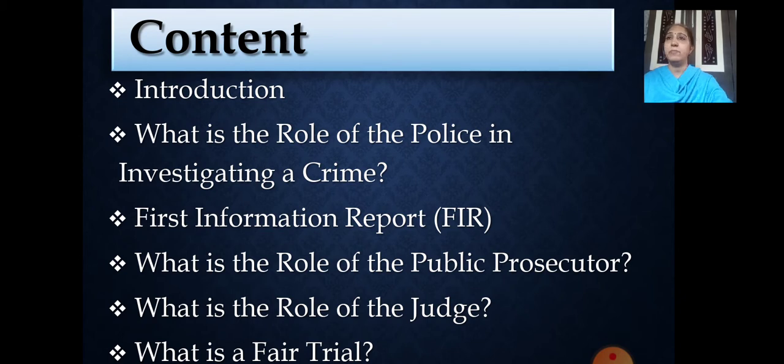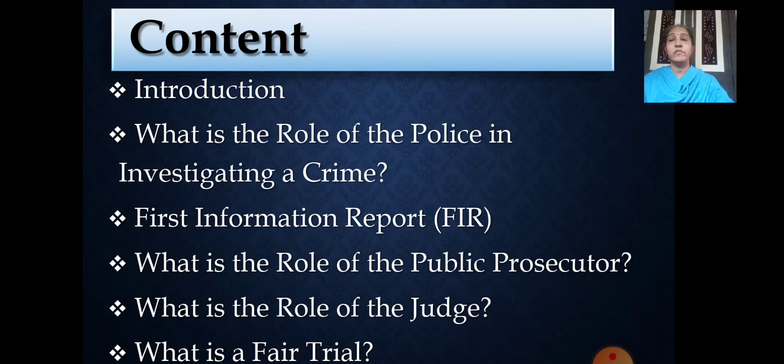Then the prosecutor must conduct the prosecution on behalf of the state. As an officer of the court, it is his or her duty to act impartially, right? And then present the full and the material facts. That is going to be very helpful for the judge to solve the case. That will be considered as the witnesses and evidences in that particular case. So that should be the work of the public prosecutor.